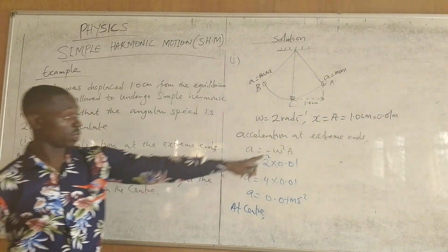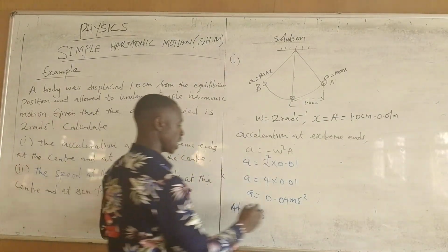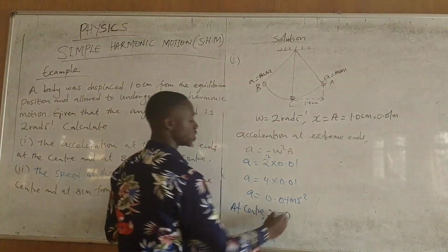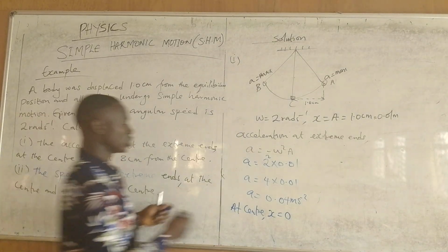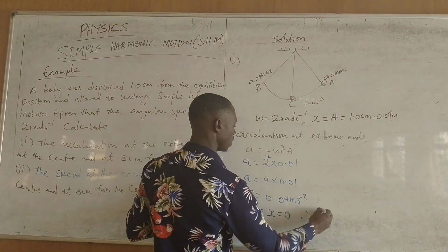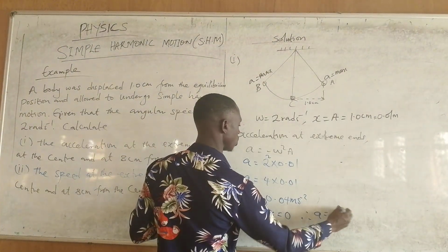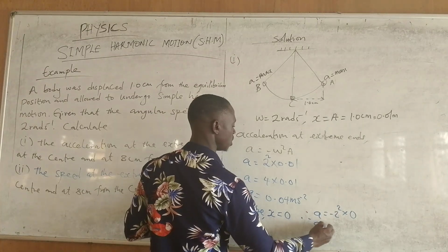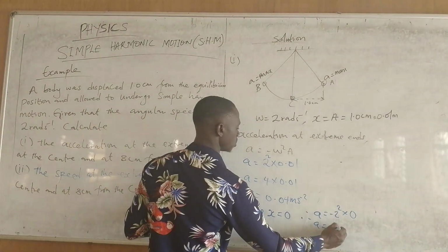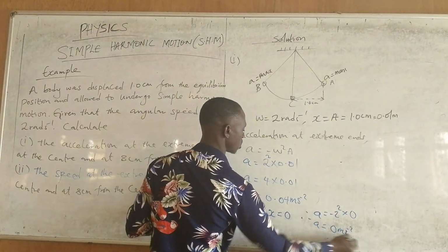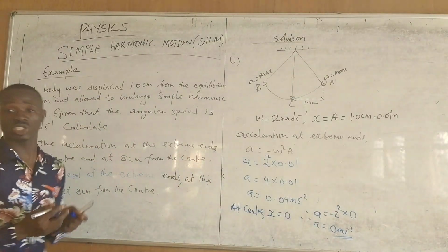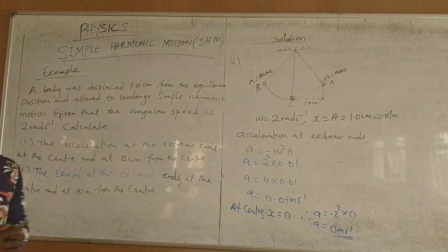Because acceleration depends on displacement. Our x equals 0, isn't it? So a will now be equal to minus 2 squared times 0, and a equals 0 meter per second squared. So at the center, acceleration is 0.